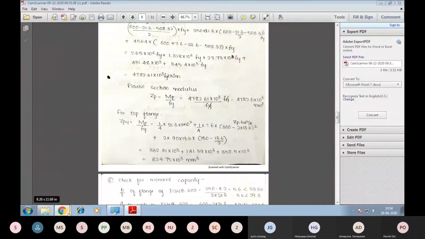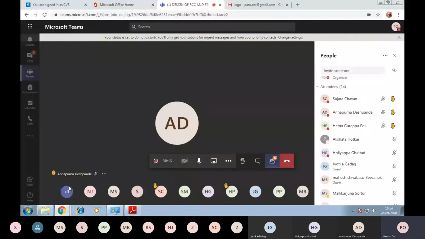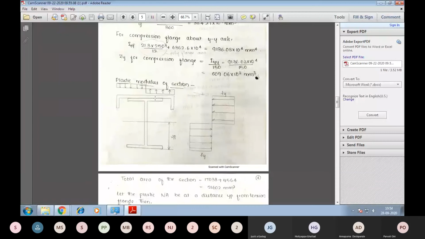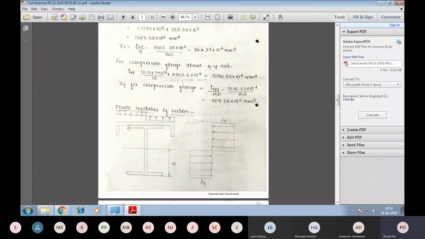So we have to calculate the section modulus separately for the top flange. Top flange will include only the top flange section and the web of the channel section, only the web of the channel section, right?